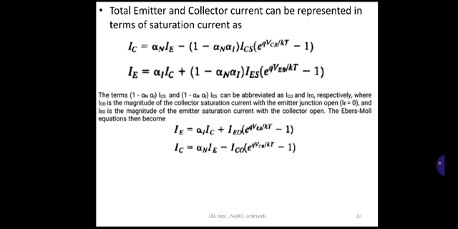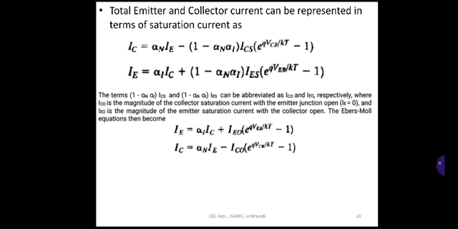Total emitter and collector current can be represented in terms of saturation current as IC equal to alpha N IE minus 1 minus alpha N into alpha I into ICS into e to the power q VCB by KT minus 1, and IE is equal to alpha I into IC plus 1 minus alpha N into alpha I into IES into e to the power q VEB by KT minus 1.